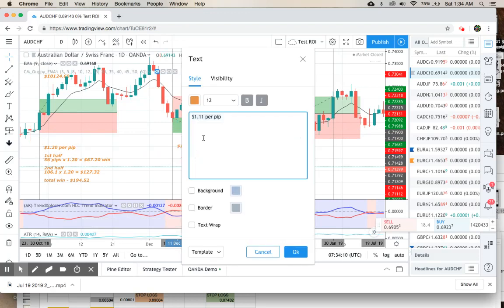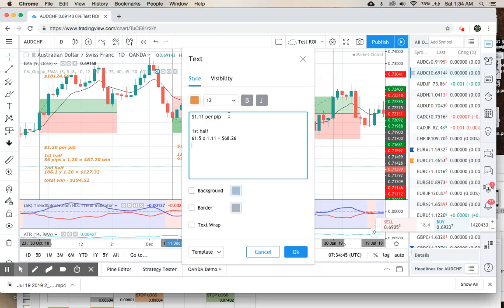Okay, so first half, 61.5 pips, I think, times $1.11 a pip. 61.5 times 1.11. Okay, so that is about $68, and we're just going to round it, whatever.